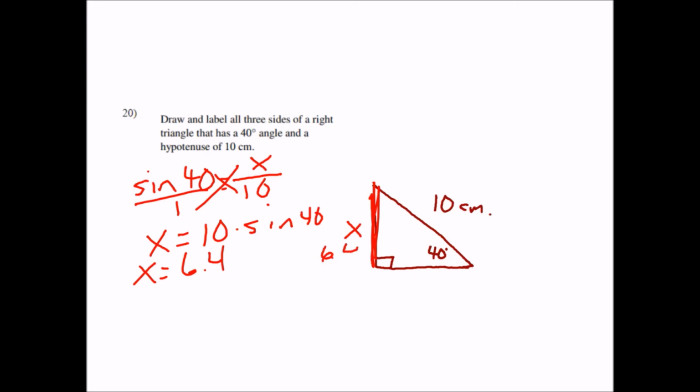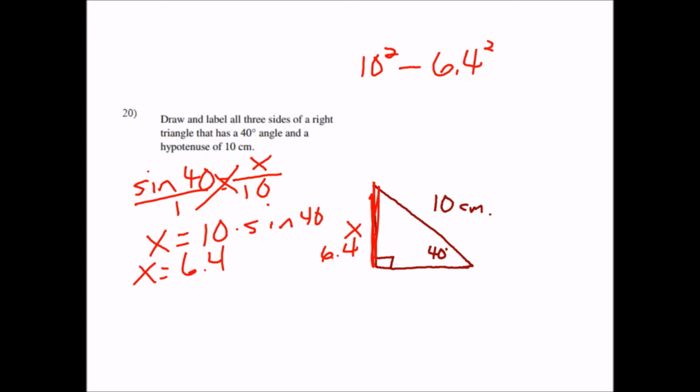Right now, we could do one of two things. Now that we know two sides of a right triangle, we can use the Pythagorean theorem. Here's the hypotenuse. We could subtract off the side we just figured out and square it. We could do 10 squared minus 6.4 squared.